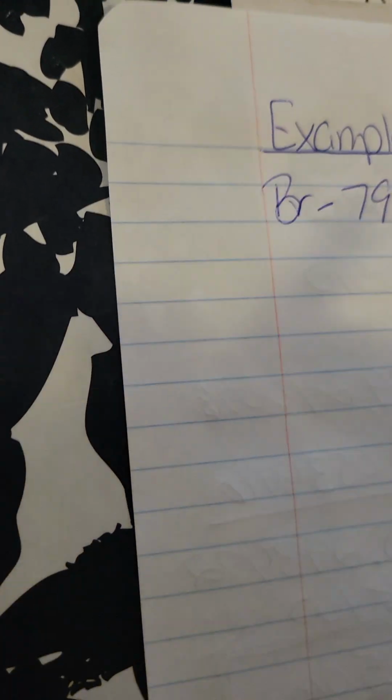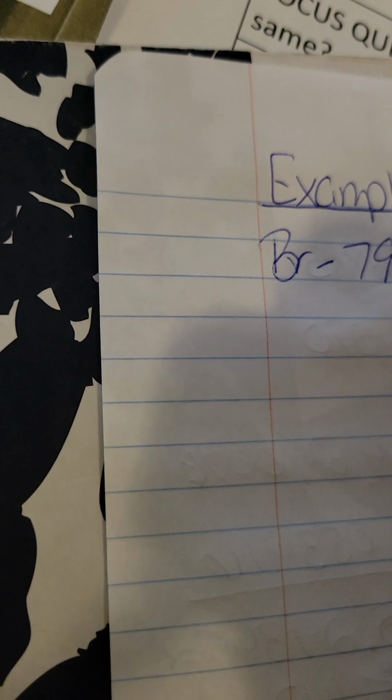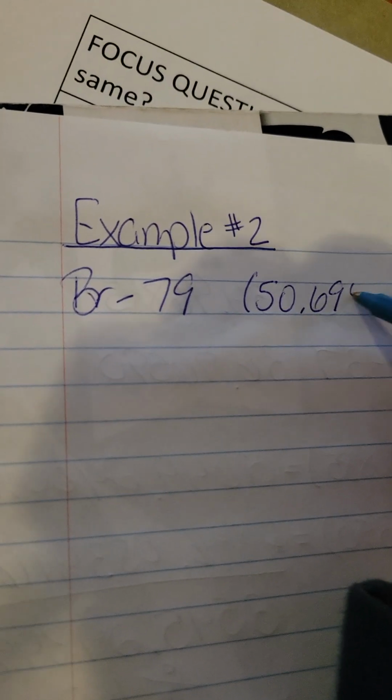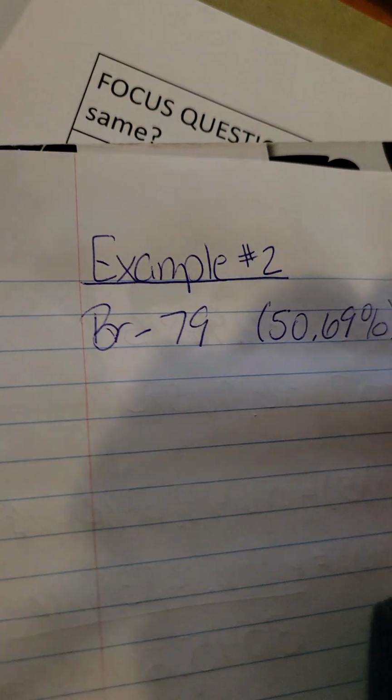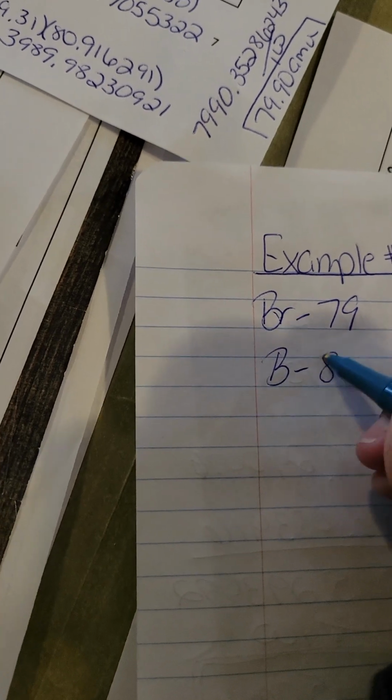All right, so we've got bromine 79, and that's 50.69%. And we're going to times that by the actual mass. So if you look up on your slide, it's 78.918338. And then we've got bromine 81.